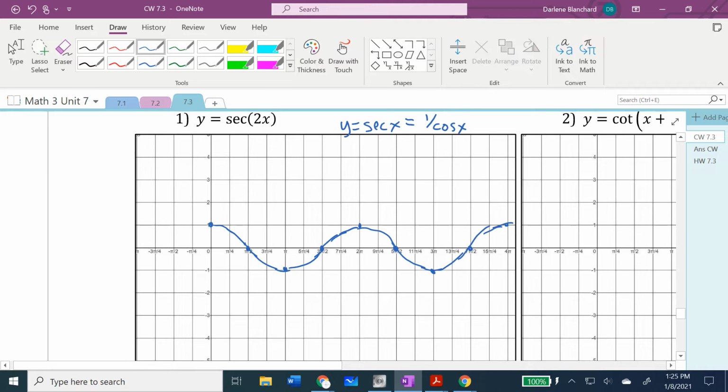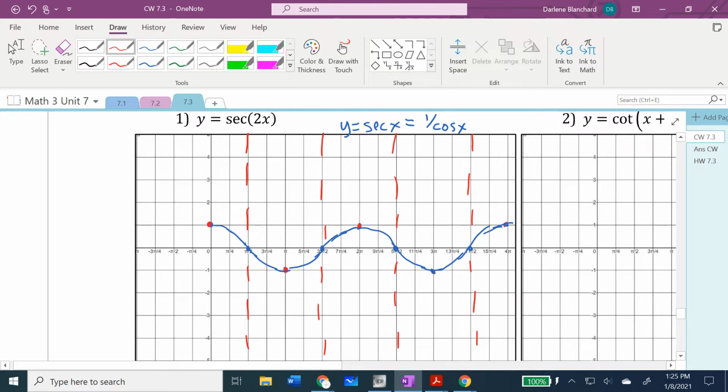Now, the great thing is that you can look at that graph of cosine, and everywhere that it crosses the x-axis, draw an asymptote. And everywhere that it has a relative maximum, relative minimum, those are points that are shared with its reciprocal graph.